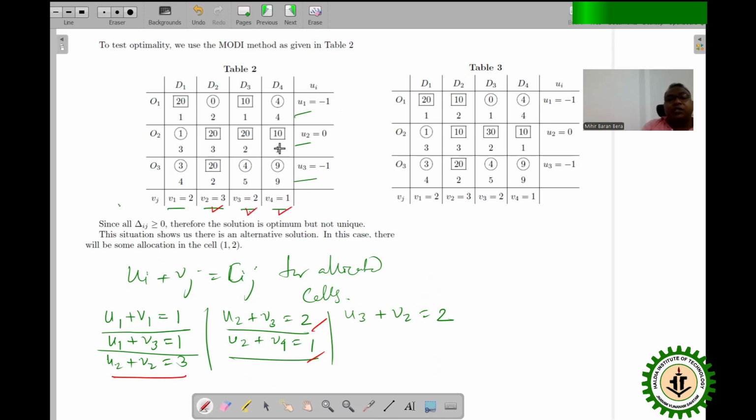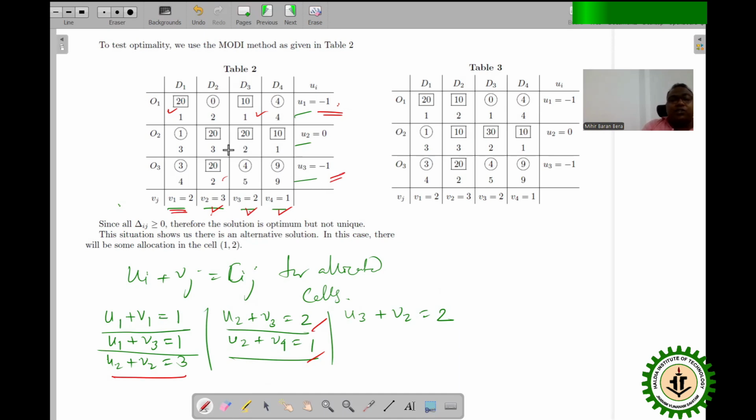Then using this one and this one, you get U1 equal to minus 1. Then using this and this, you get V1 equal to 2. Similarly, using this and this, you find U3 equal to minus 1.